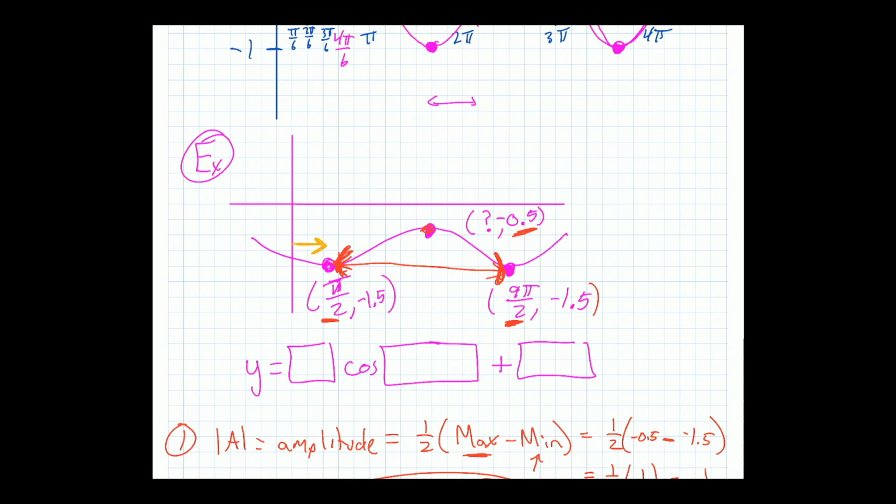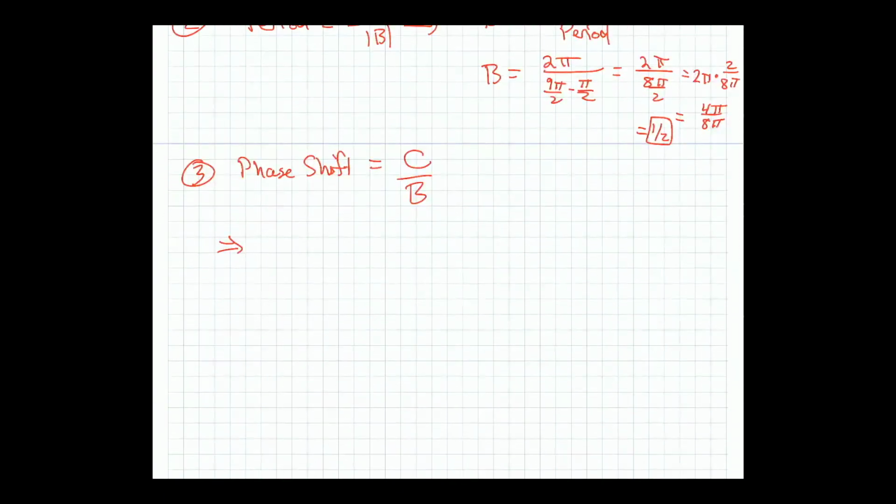So this distance right here is the phase shift. What's the phase shift here? Well, if that point is at pi over 2, comma, negative 1.5, then the phase shift is pi over 2. That's that distance. That's your phase shift. So you have pi over 2 is equal to c over b.